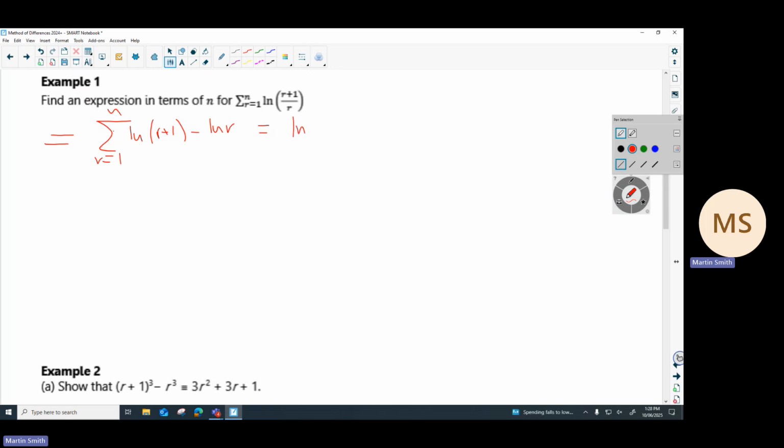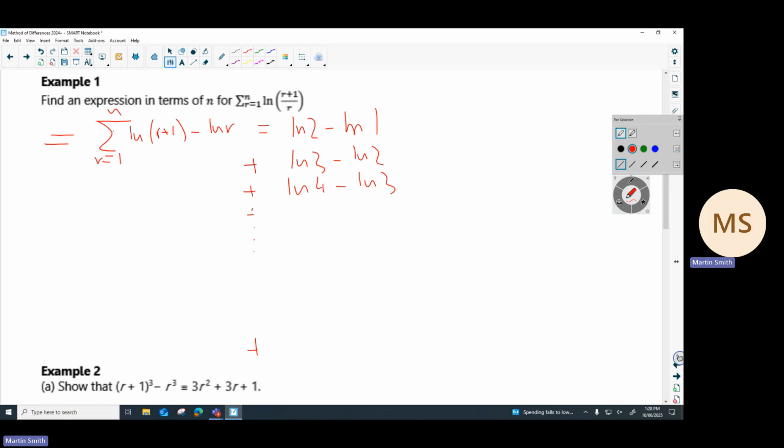When you put in r is 1, you get ln2 minus ln1. Then add, I'm going to do it underneath. When you stick in r is 2, r plus 1 is 3, so you get ln3 minus ln2. And I'll just do one more. When you sub in r is 3, you will get ln4 minus ln3. Dot, dot, dot.